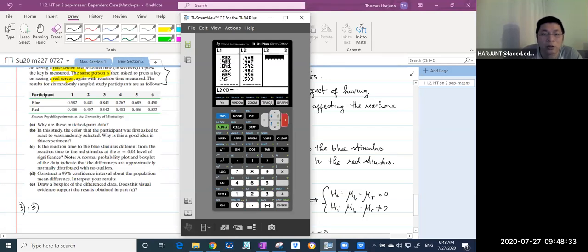Then I go to L3. I do L1 minus L2. It will compute that for you.